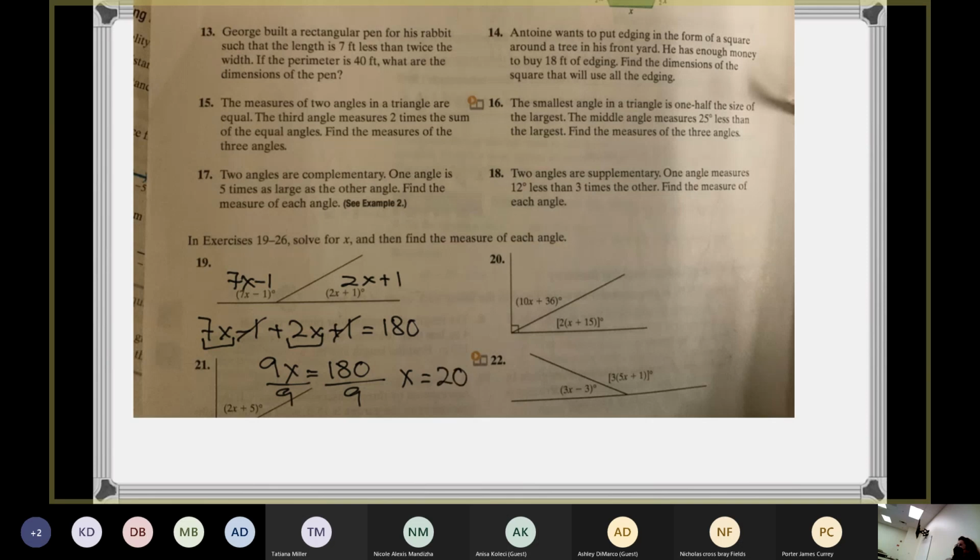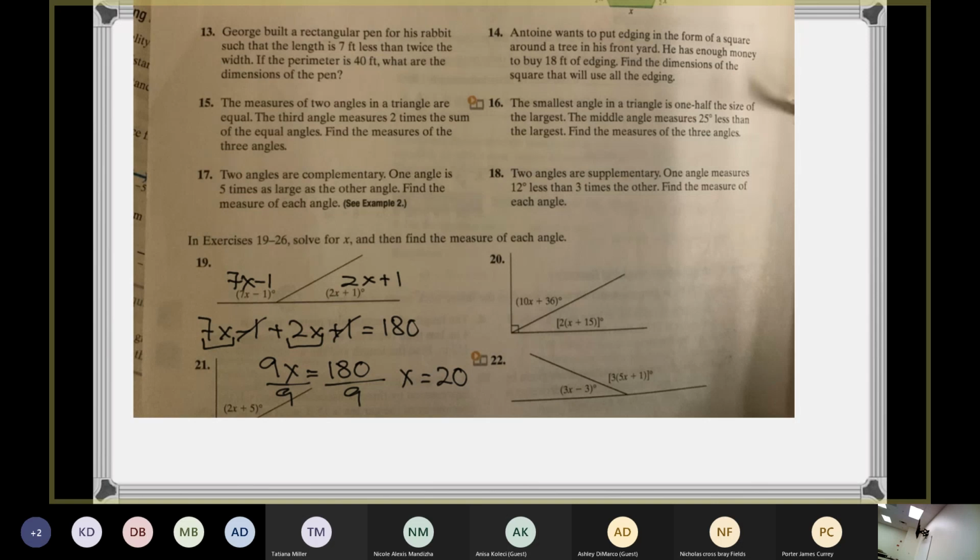20. Now, if a problem like this is on a test and students stop here, you may get a quarter of a point, even though you have the problem right. Why? It's not asking you to find x, it's asking you to find the measure of each angle. Yes, Nicholas, you haven't found the angles yet. You just found the value of x.